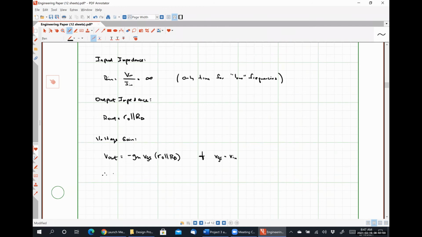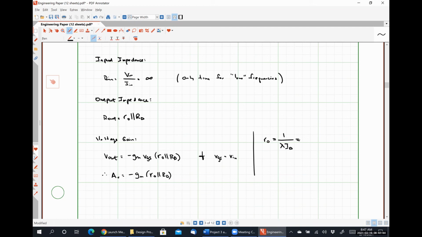And from this, our voltage gain, AV, is simply negative GM times R naught in parallel with RD. So as a quick aside here, R naught is 1 over lambda ID. We have that from our small signal model equations, or at least R naught is approximately that.